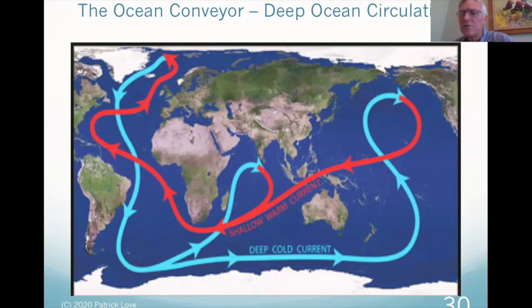This is another very important ocean circulation that helps carry energy from the equator to the poles.